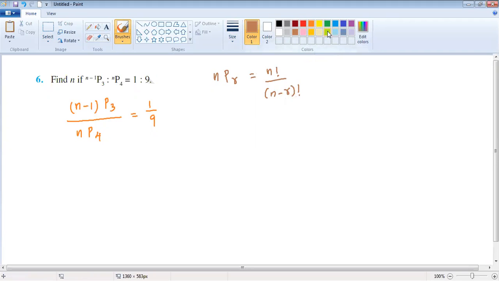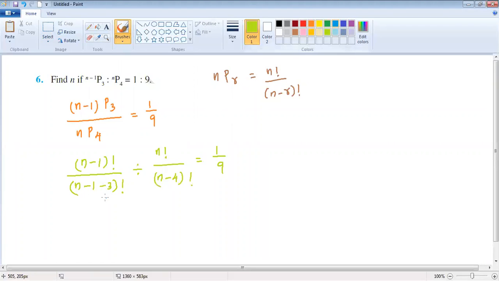So as per that formula, this is n minus 1 factorial divided by n minus 1 minus 3 factorial, the whole divided by nP4. nP4 is n factorial divided by n minus 4 factorial, which is equal to 1 by 9.